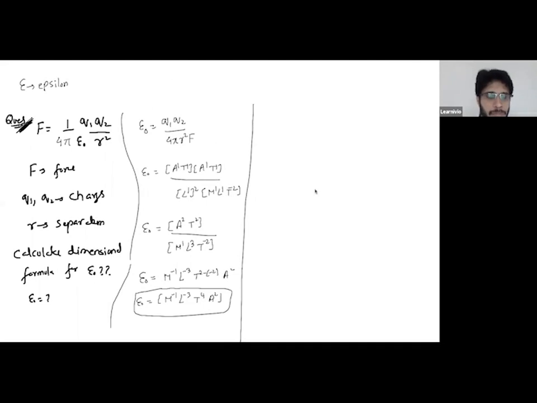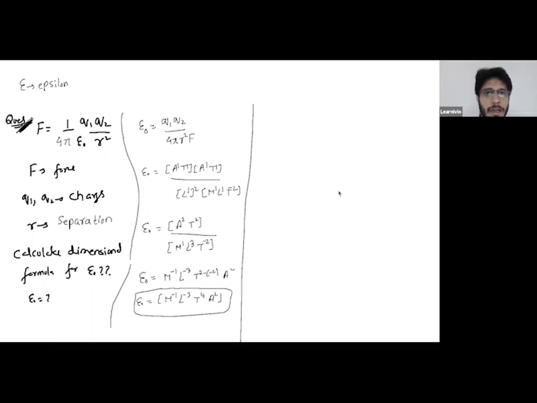R is separation, separation of charge. So Mariam is wrong. Shafaq, M minus 1, L minus 1, it should be L3.